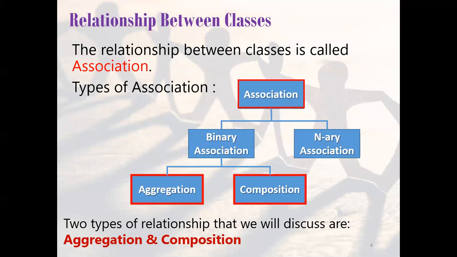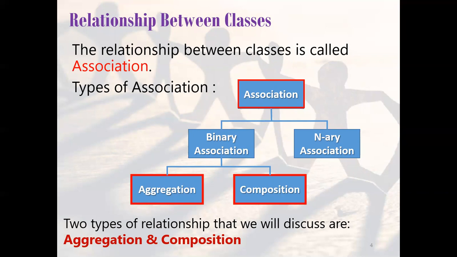Now, relationship is called association. Simply, association means relationship. And there are many associations. There is a binary association, which is a relationship between two classes. And there's also n-ary association.